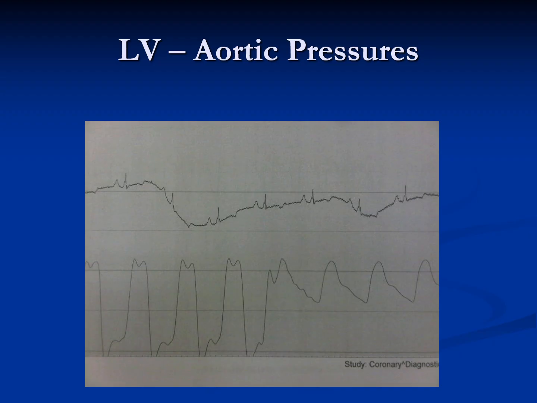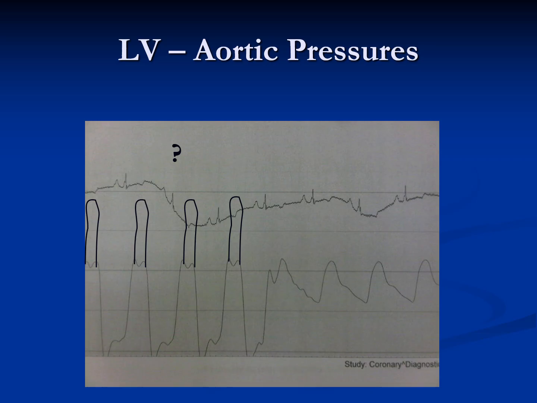Again, this is an illustration of one of our patients looking at left ventricular pressure on the left, atrial pressure on the right, and you could superimpose them, and you would see that the systolic pressure of the left ventricle is exactly equal to the peak pressure in the aorta on the right side.